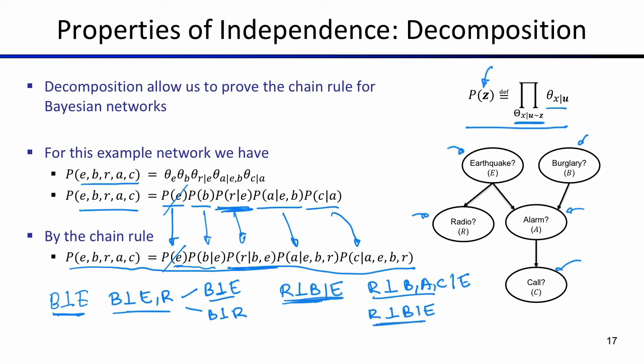Okay, that's true. And we can do that for all possible ones. So we continue doing this, and we prove that, at least for this example, this is true. We can work a little bit more and show that it is true for every possible Bayesian network.